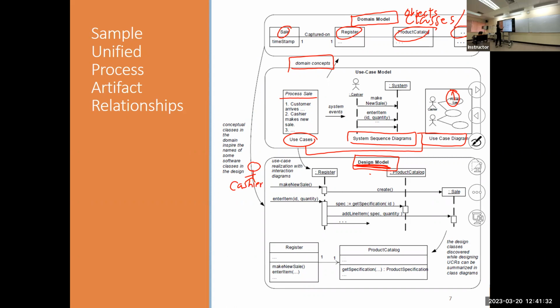The cashier would make a new sale to the register object. Register creates another new sale object, and then enter item, passes this and that parameter, calls this and that function or method, and so on.